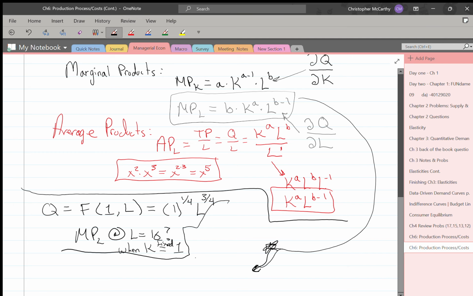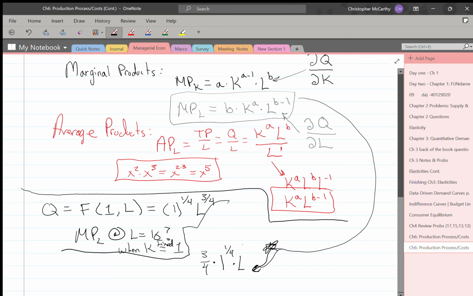So we'd have the B be the first thing, and so the B is the 3/4. 3/4 times 1 to the 1/4 power times, and then this is going to be L to the B minus 1.